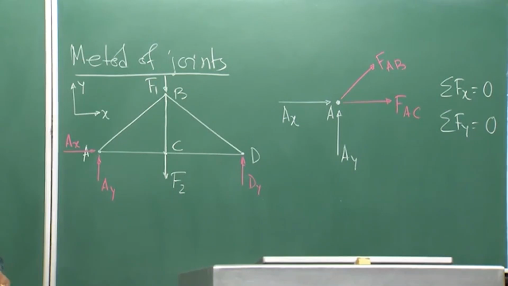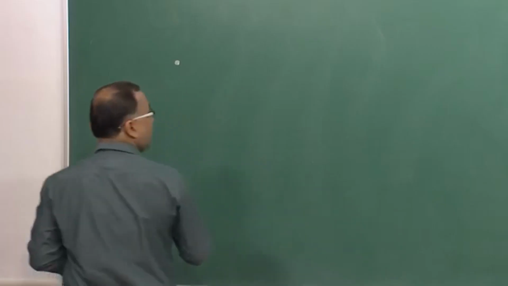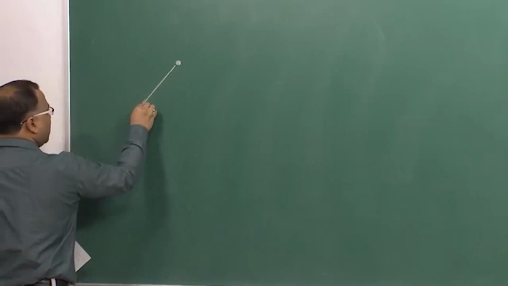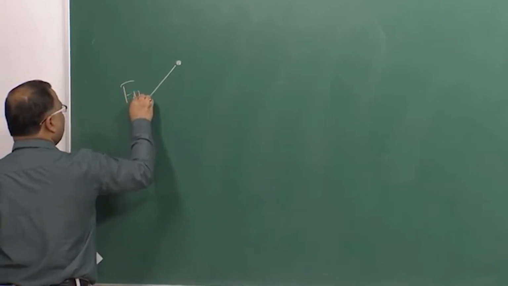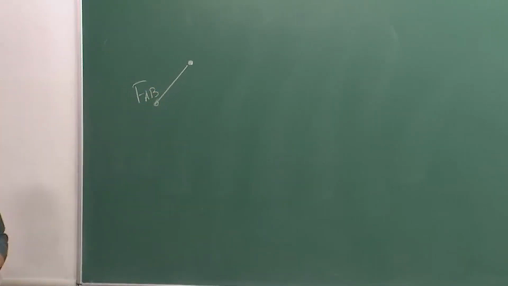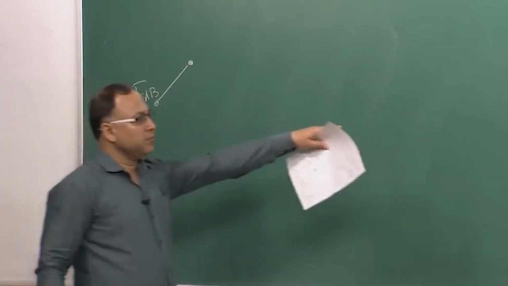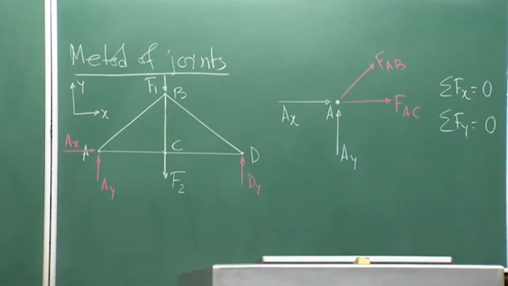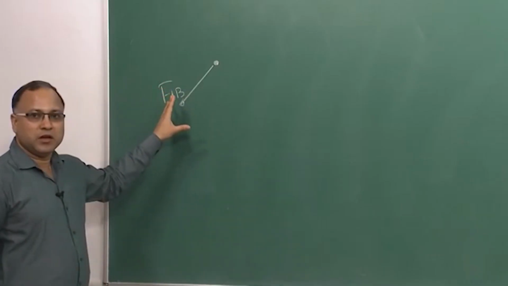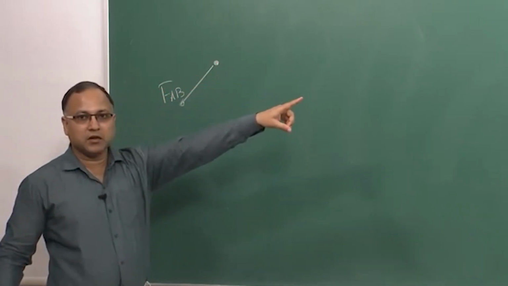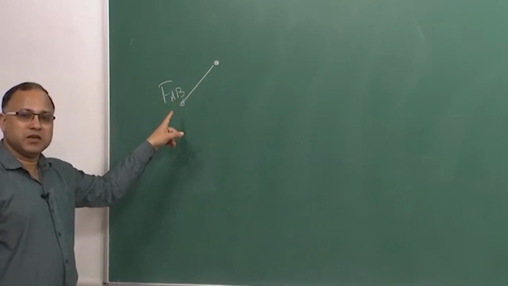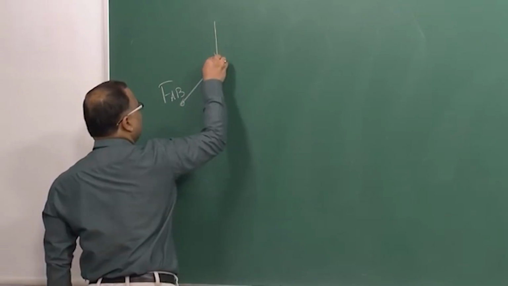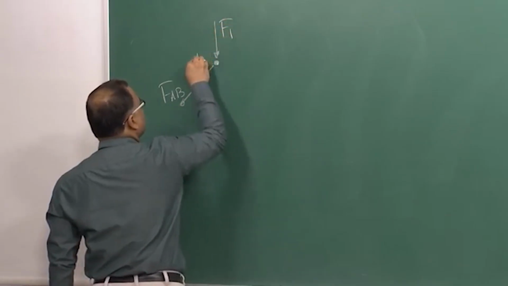So, this is now my known force FAB, because if I consider joint A and solve it, this force is known to me. That red color has been transformed to white because it is known to me, and this is the externally applied force F1 at joint B.